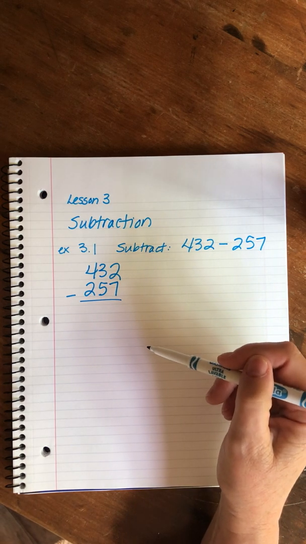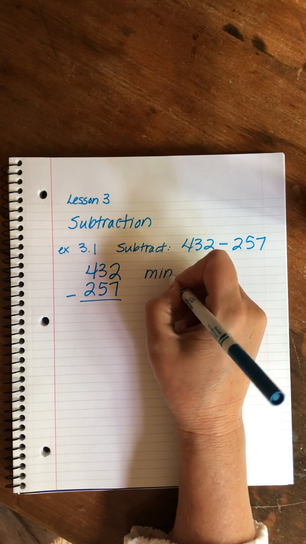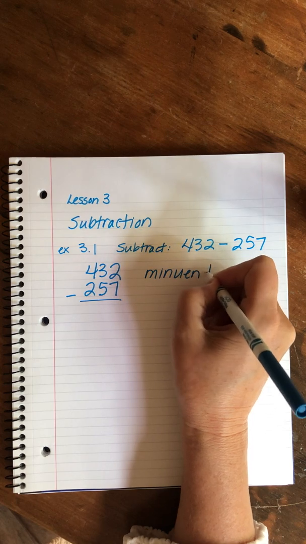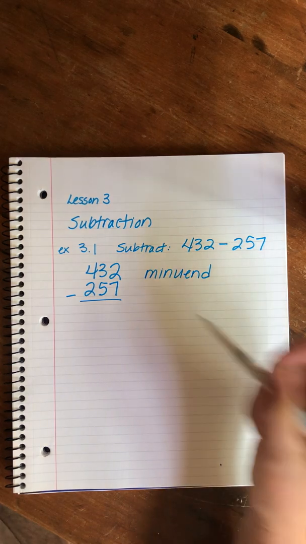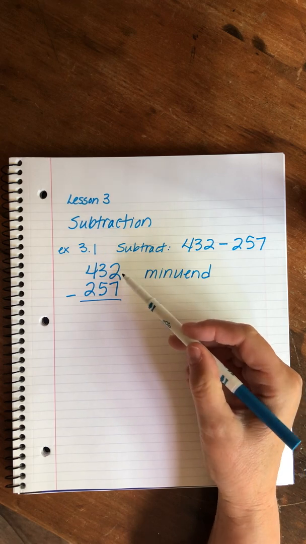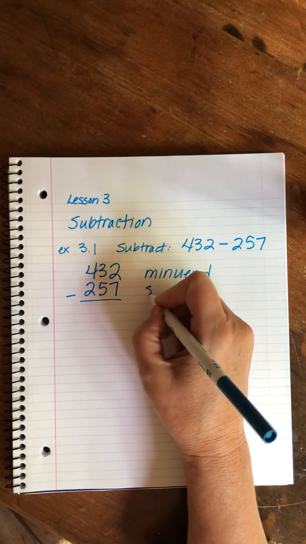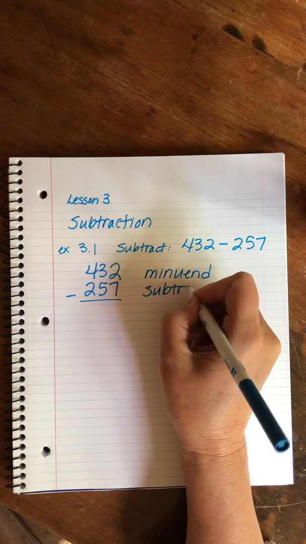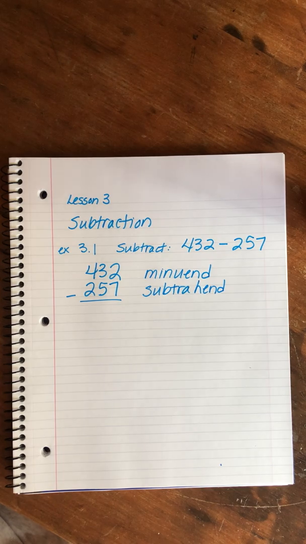and let me just put a few fancy words in front of you. This one is called the minuend. That is a fancy number that just means the big number, the top number in a subtraction problem. The number that you're subtracting has a weird name also. Subtrahend.